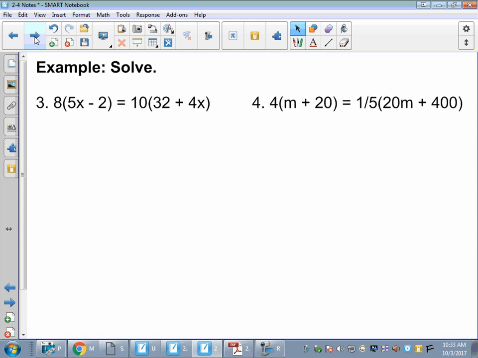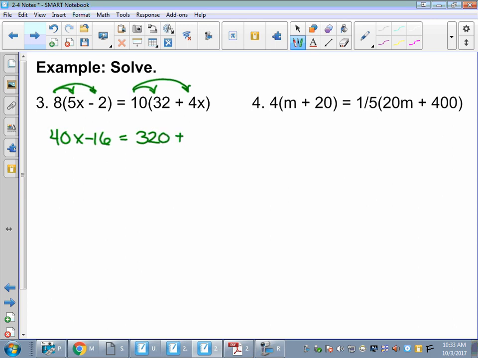So if you look at these last two examples here, I'm going to distribute the 8 through both terms, then distribute the 10 through both terms on the right. 40x minus 16 is equal to 320 plus 40x. When I subtract 40x from both sides, you'll notice there's a 40x on both sides.